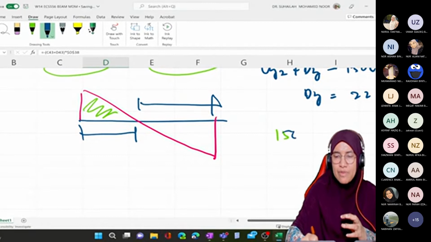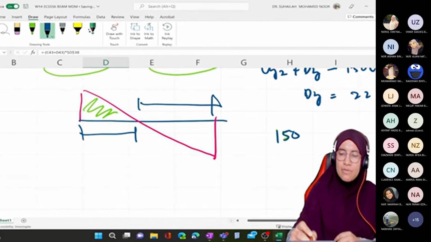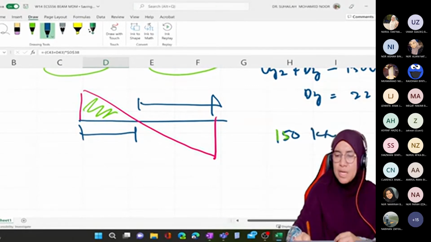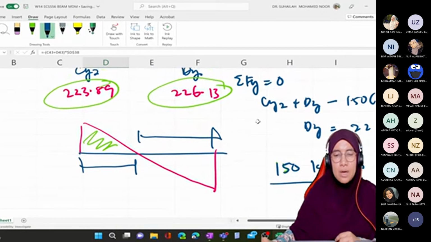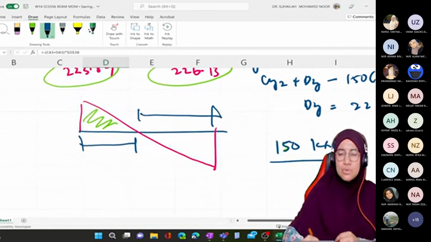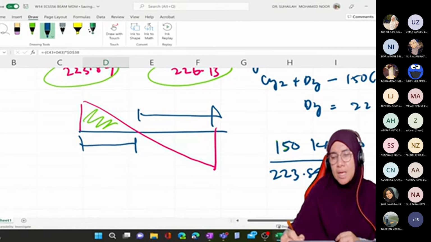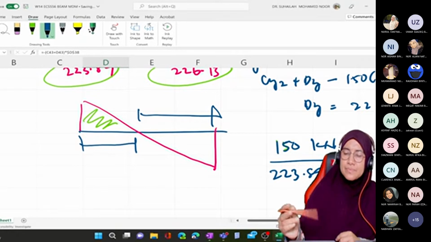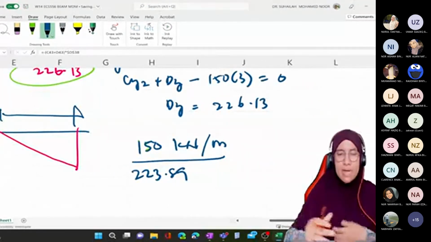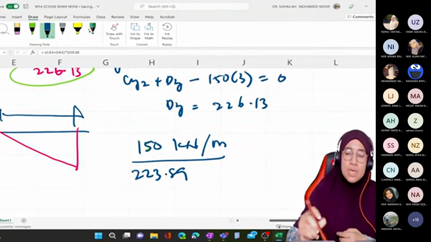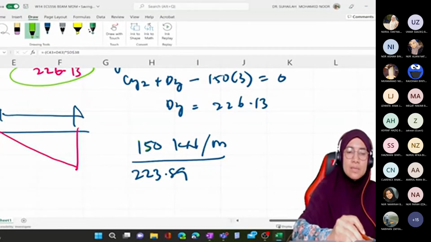So we have 150 kilonewton per meter, we divide by 223.89 in unit. Terbalik. Terbalik. Okay, so we just have to play with the unit. Yang ni kita tahu dia terbalik.